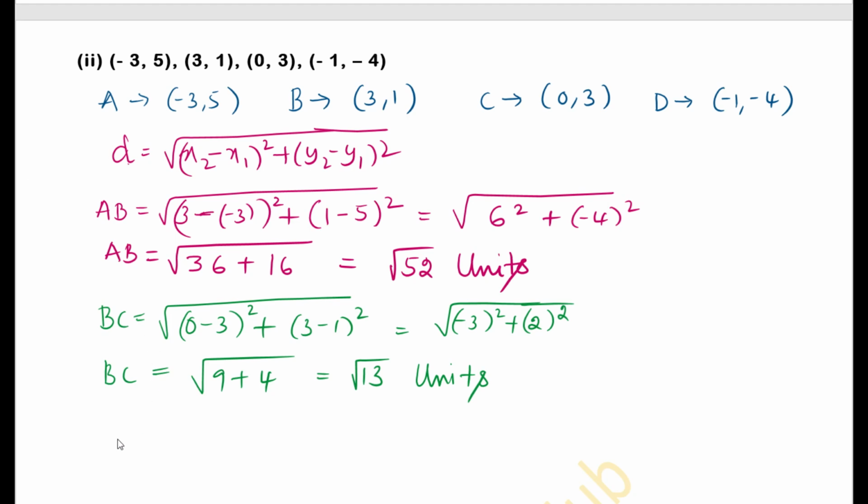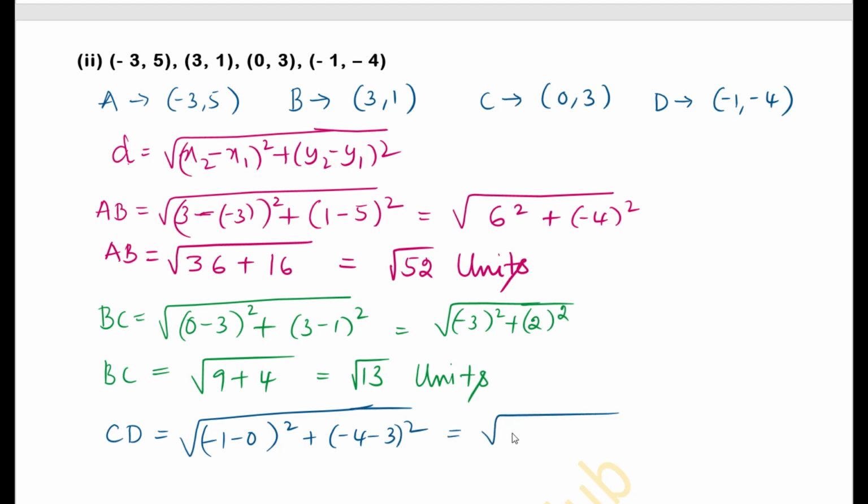Now we'll find out CD. CD equals again minus 1 minus 0 whole square plus minus 4 minus 3 square. What do we get? Minus 1 whole square plus minus 4 minus 3 is minus 7 square.